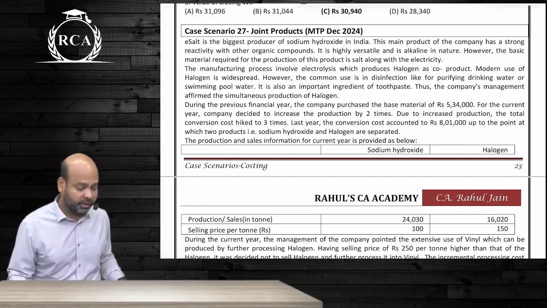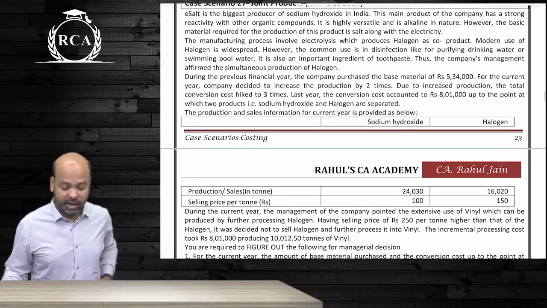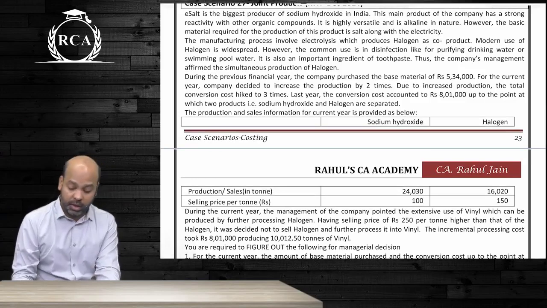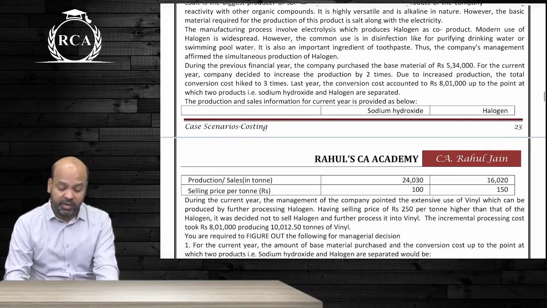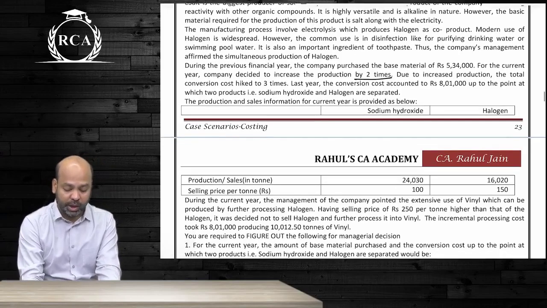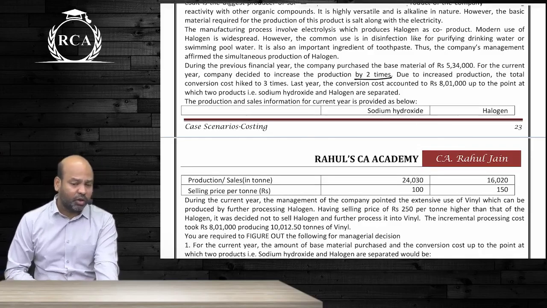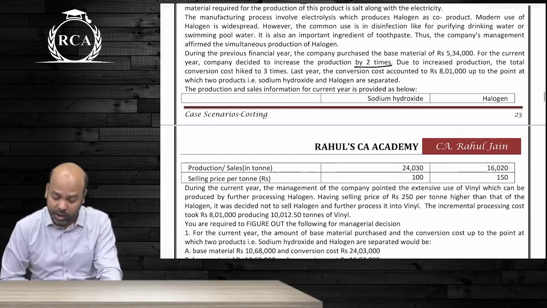Are we clear, guys? So यहाँ पे बेटा base material is 5,34,000 during the previous financial year. For the current year, the company decided to increase production by 2 times. अगर production 2 times से बढ़ रहा है, unless otherwise given, all the expenses also will increase by 2 times.